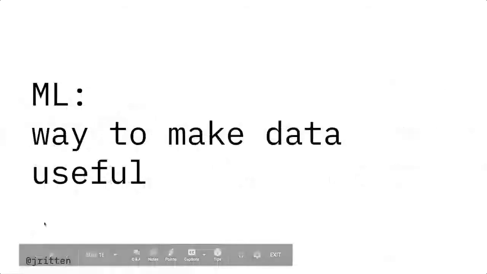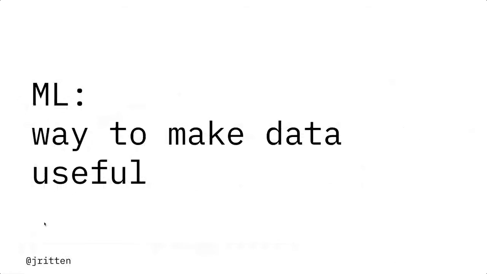So in a nutshell, machine learning is really just a way to make data useful. If you have mountains and mountains of geographic data, for instance, the data alone does not tell you anything. It takes a lot of cleaning and processing and looking at data trends to try and make data useful.